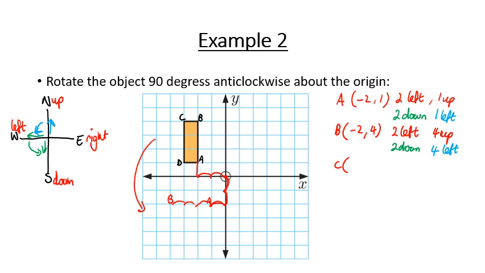Now C is -3, 4, so this is 3 left. So if I wanted to go to C, 1, 2, 3, 4 up, that gets me my C. But now I'm actually going 3 down and 4 left because I've rotated everything 90 degrees anti-clockwise. That gets me 3 down and 4 left. And I know that D is going to be here, so therefore that's going to be my rotation.